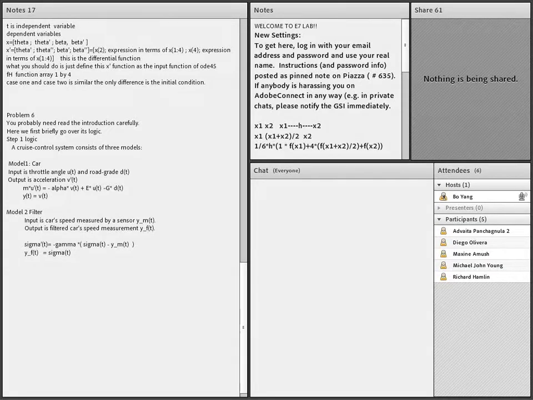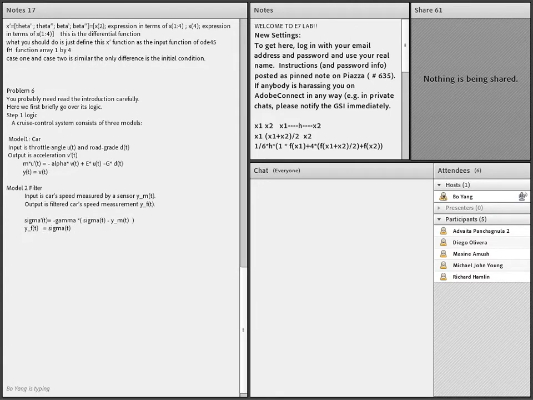Here we have another variable, sigma. Sigma is just the filtered car speed measurement. It is the same thing as yf. But sigma prime has a relationship between sigma and ym.